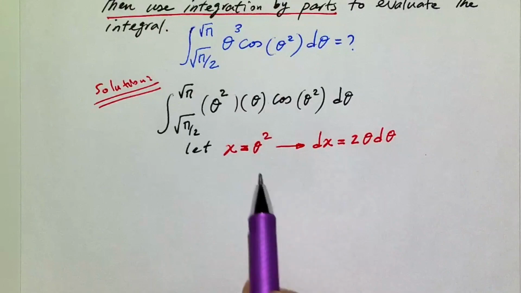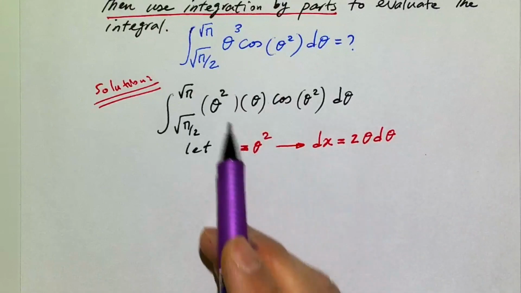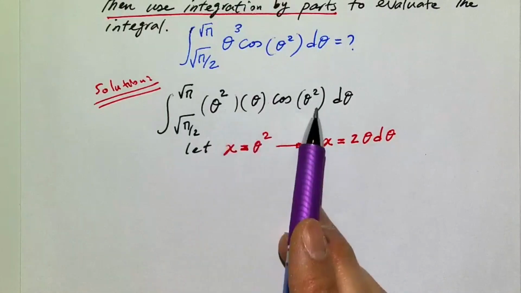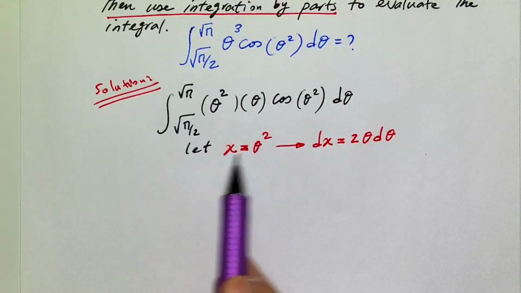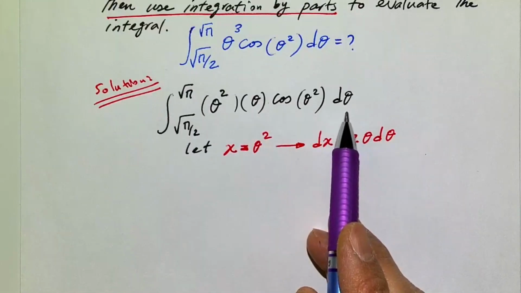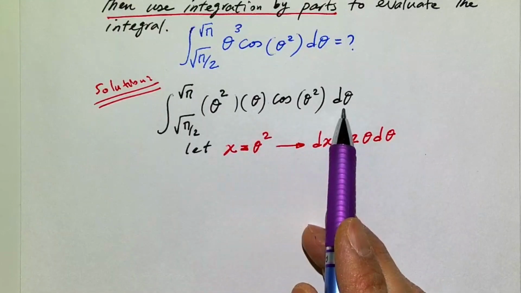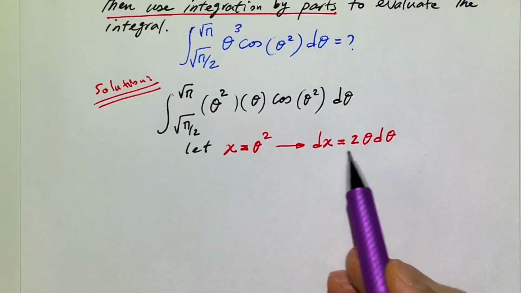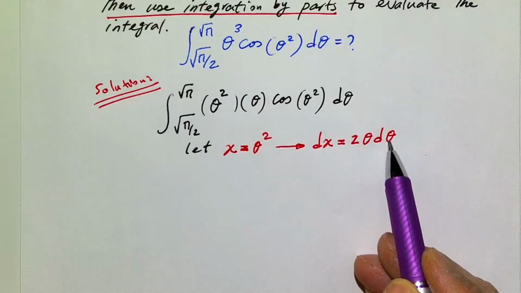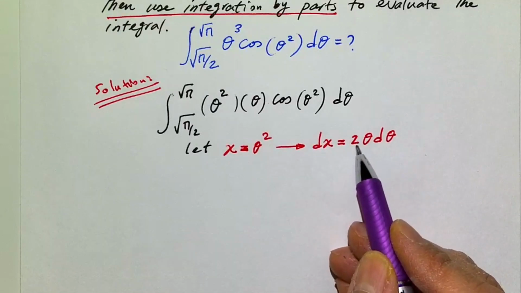Now, compare what we have with what was in the expression. Theta squared can be replaced by x. Then we're going to be left with theta d theta, right? Here we have dx equals 2 theta d theta, so we have this extra 2.